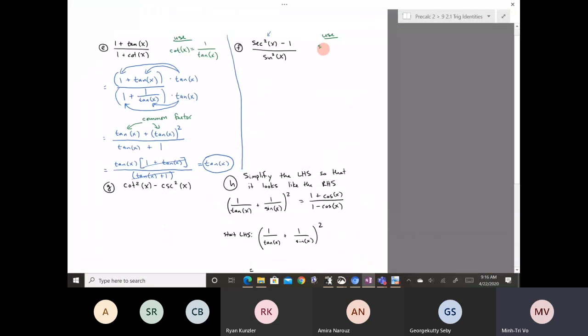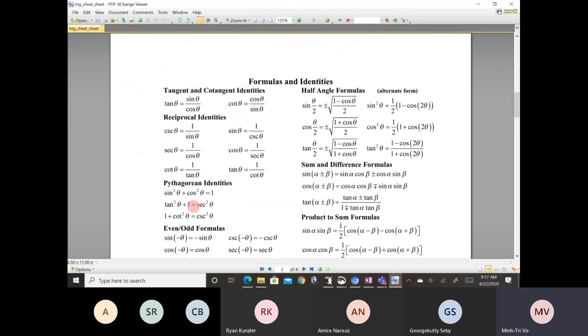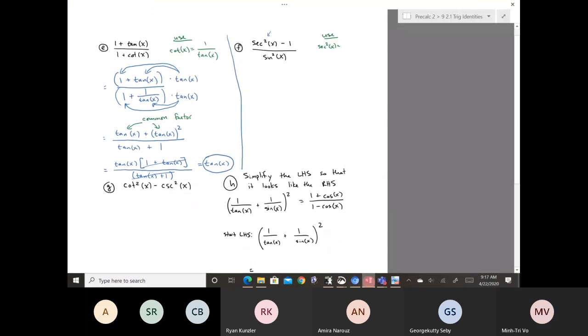So secant squared is equal to tangent squared plus 1. So secant squared x is equal to, again, tangent squared plus 1. So this goes in here, right? So what do I have?